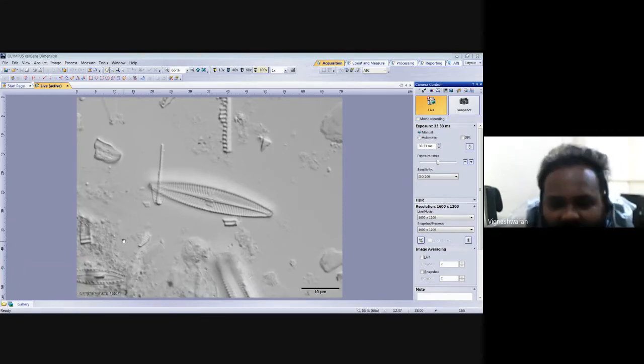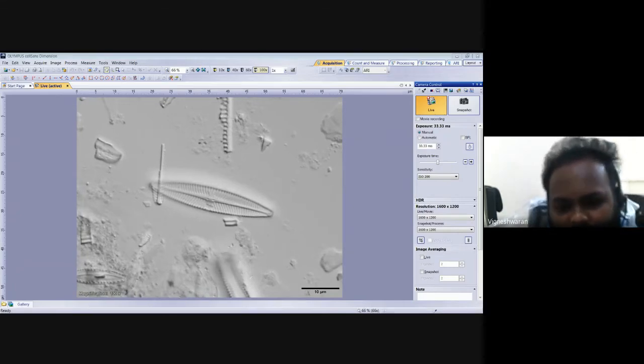The same way, why are we counting 600 diatoms? For example, I take one slide and count 100 diatoms. In those 100 diatoms, I am getting some 20 different species of diatom.